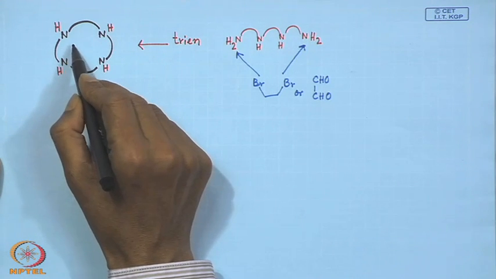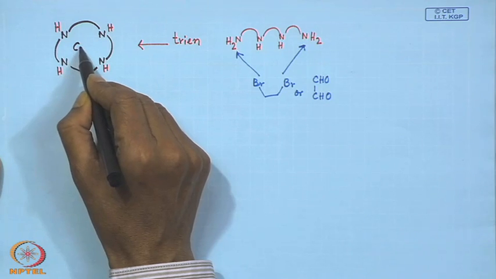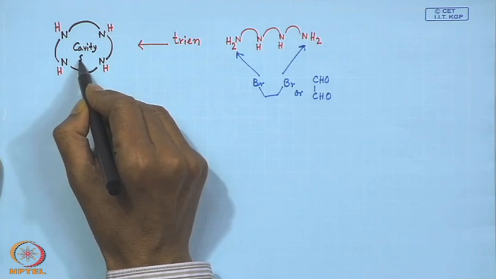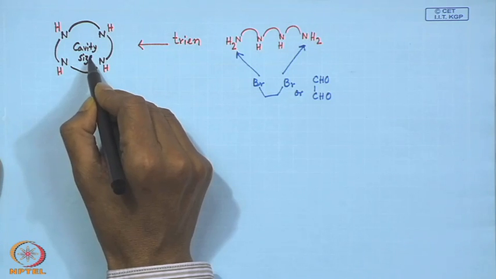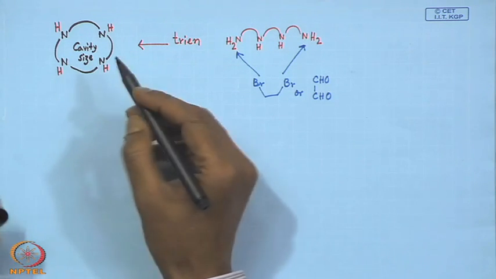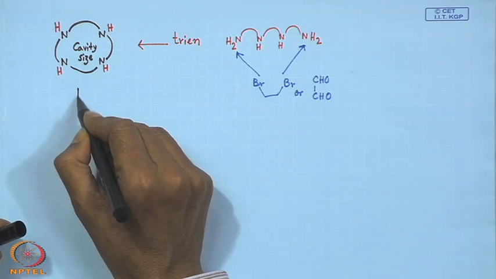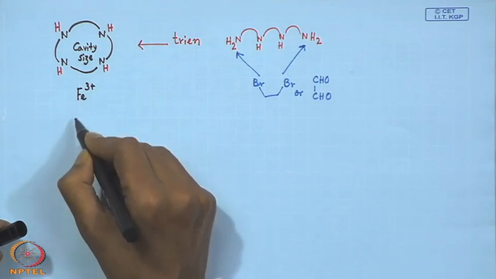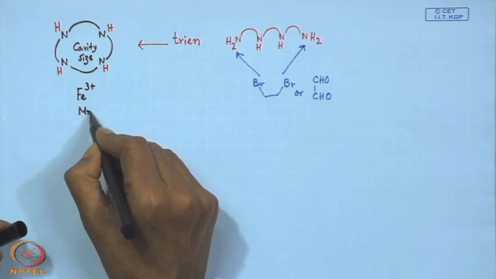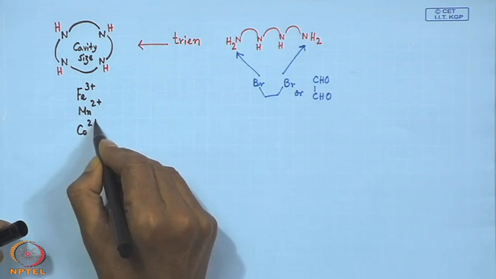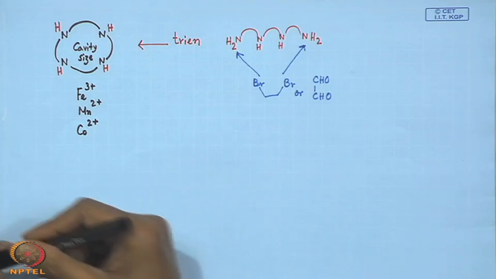So, this cavity size is important. This cavity size will say what type of ligand can enter, whether it is Fe3 plus or Mn2 plus or cobalt 2 plus or 3 plus.